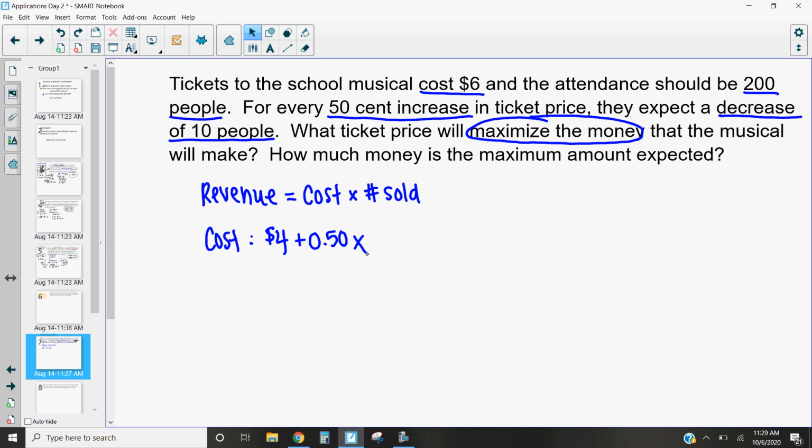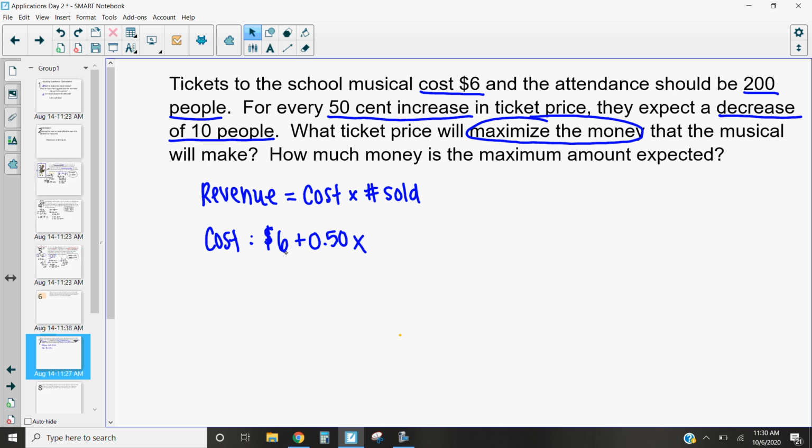That's what we want to figure out. So our cost is represented by $6 a ticket, plus 50 cents increases. If I now change it to $6.50, I have 10 fewer people come, but do I make more money? Does losing those 10 people really hurt in the long run if I still sell 190 tickets? That's what we're trying to figure out.